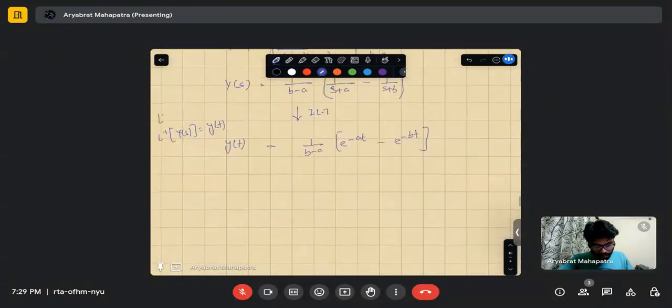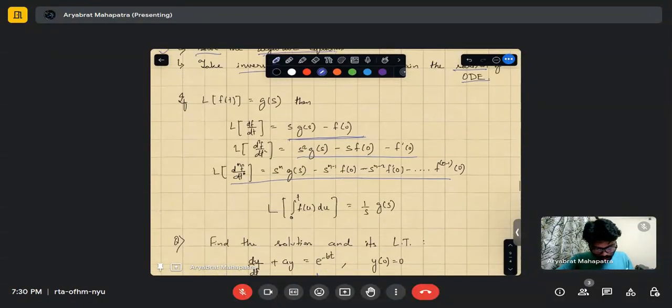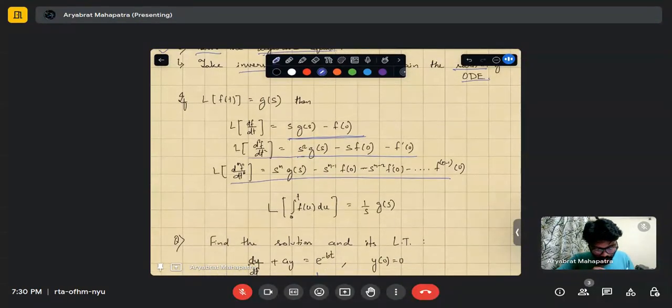I have just used that property as I was showing right here. So that is the Laplace transform of your double derivative.